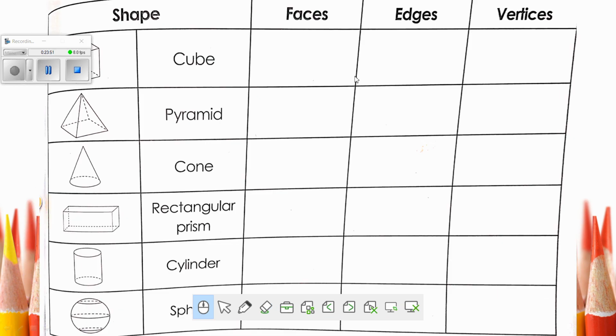I want you to save this table. This table is so easy. The cube: 6 faces, 12 edges, 8 vertices.